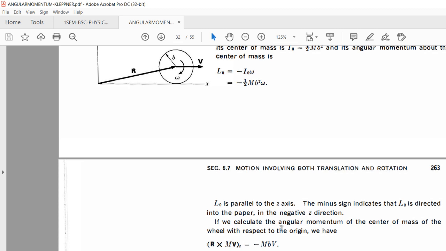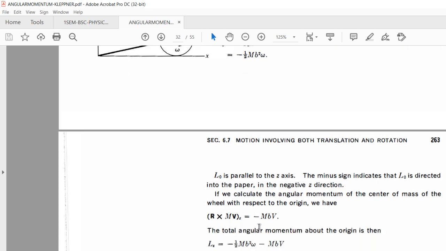With respect to the origin, the center of mass is at the center, so if you take the cross product, only v will remain in the component. That means m b v is the angular momentum of the center of mass.